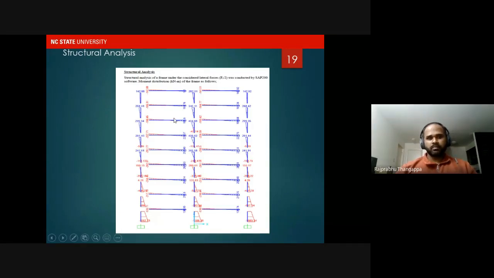And as you know, as we change the stiffnesses of these beams and columns, the moment demands at the ends of the members change because the stiffnesses would impact how much force a member can take.